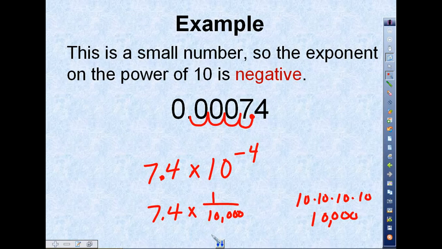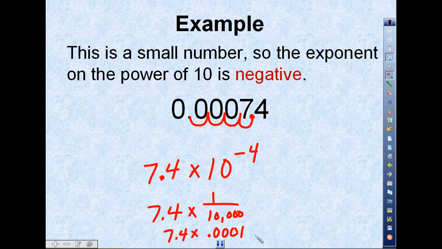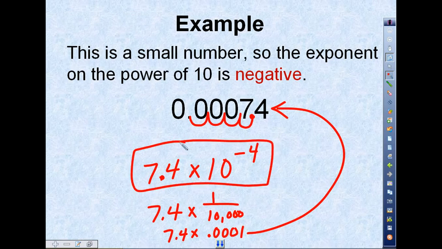Isn't 1/10,000th also written as this? Here's the tenths place, the hundredths place, the thousandths place, the 10,000ths place. So here's what we're multiplying together. And when you actually multiply those together, this turns into that number. This right here is called scientific notation. This here is called standard form. Let's take a look at the next slide.